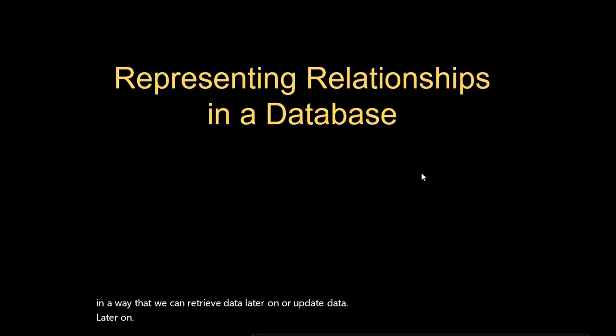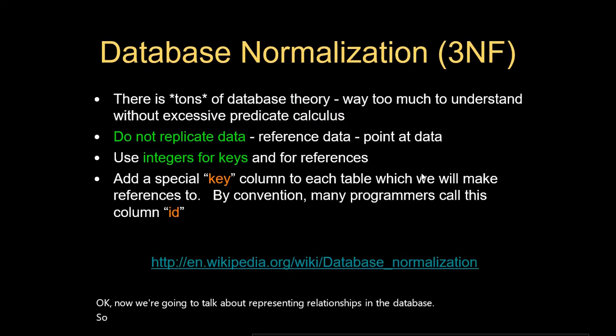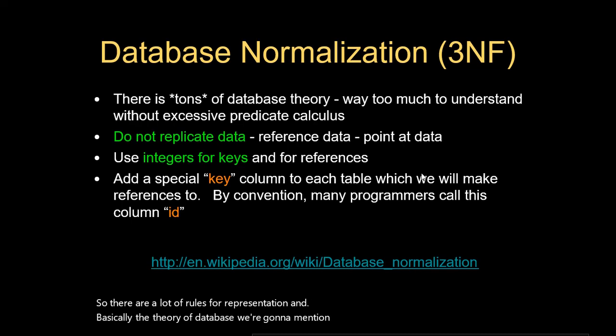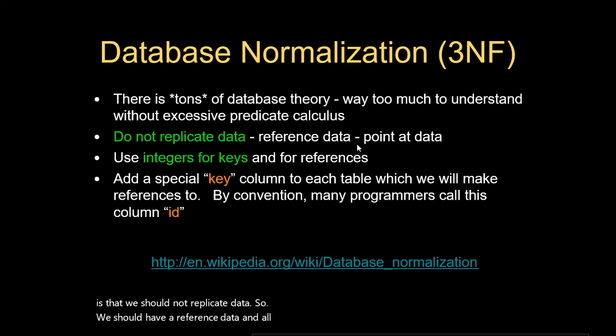Okay, now we're going to talk about representing relationships in a database. There are a lot of rules for representation and basically the theory of databases. We're going to mention a couple of important ones. The first one is that we should not replicate data. We should have a reference data and always point at that data.